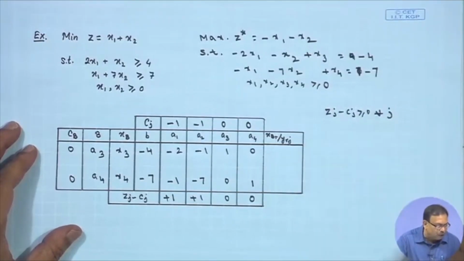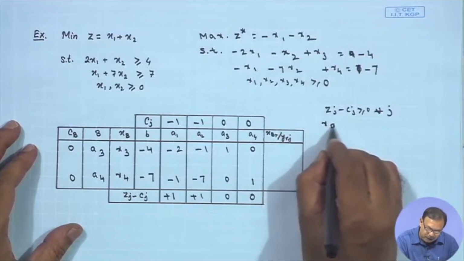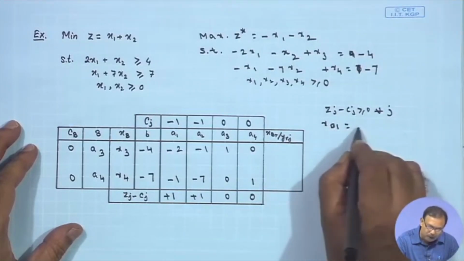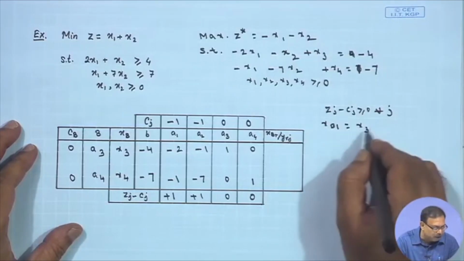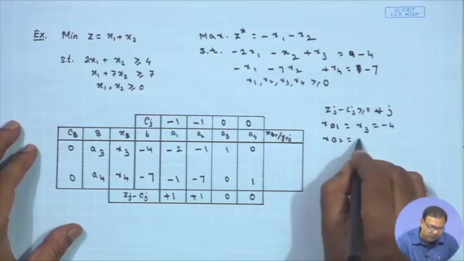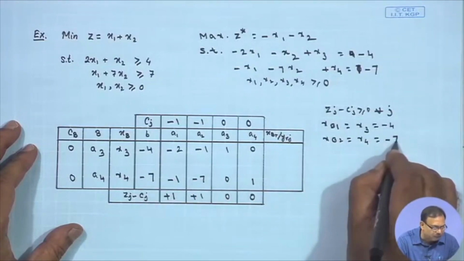So, your xb1, I am just explaining this elaborately, xb1 equals x3, that is equal to minus 4, xb2 equals x4, that is equal to minus 7.